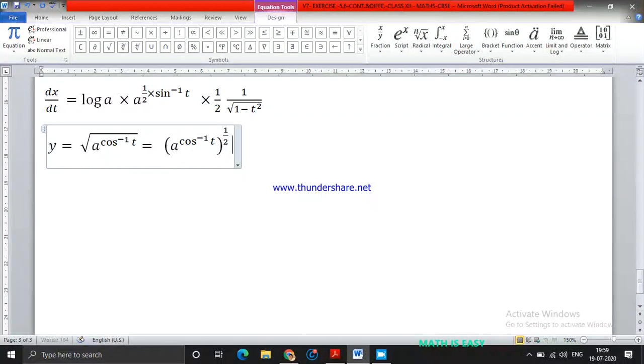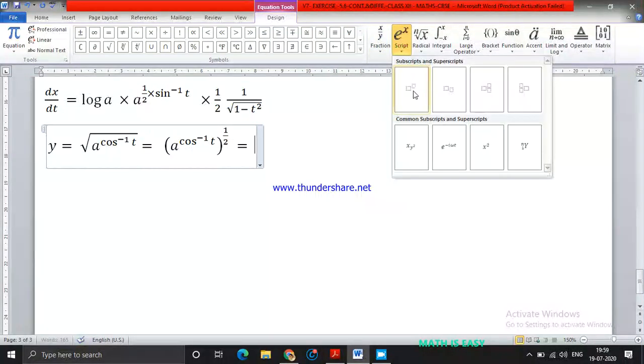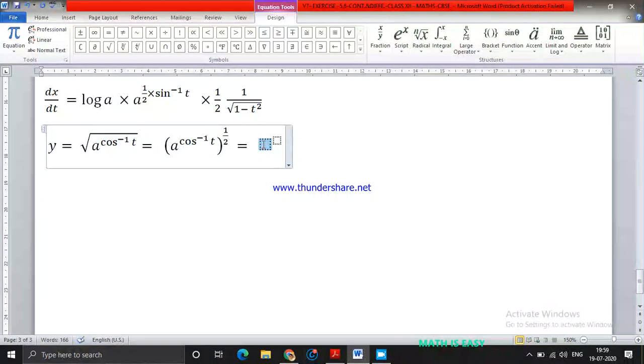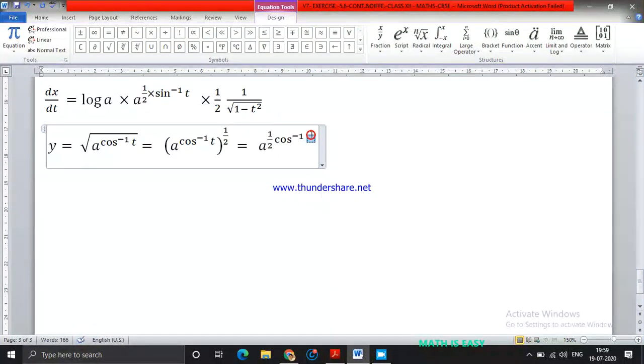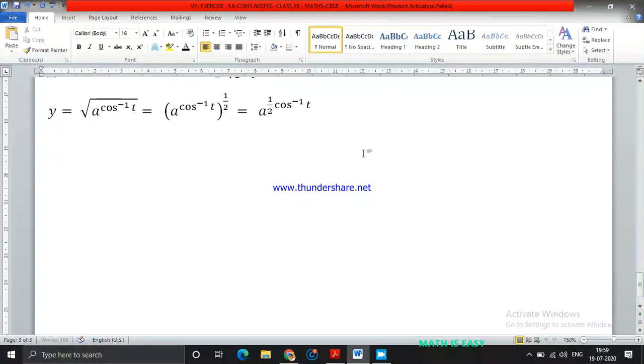The same process I am doing as we did in the previous example. Now this is a power m whole to the power of n, that you can write as a to the power of m into n. So this comes as a to the power of 1 by 2 into cos inverse t. Okay. Now y is simplified.